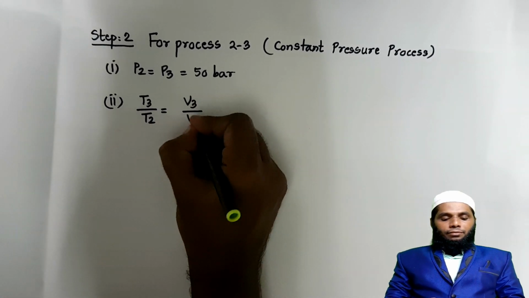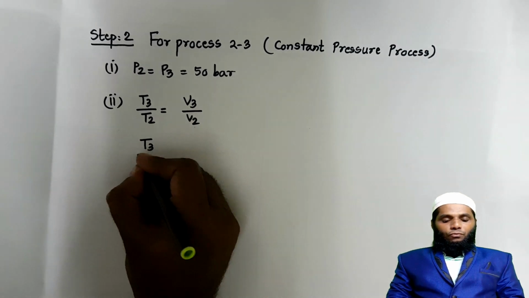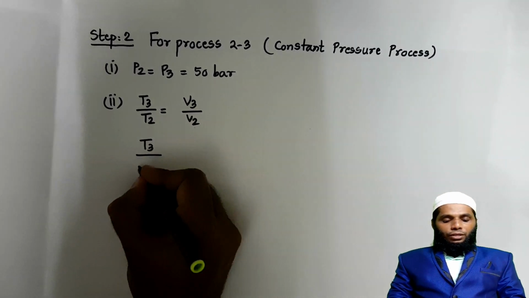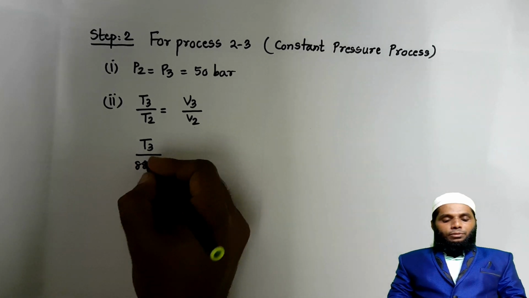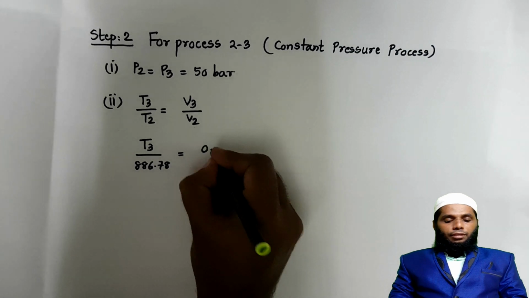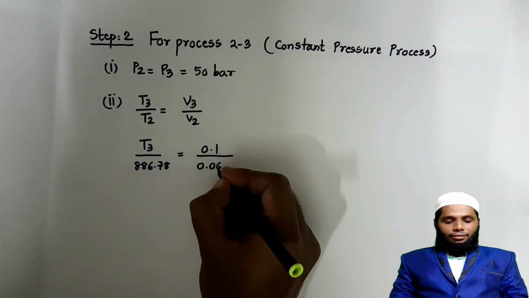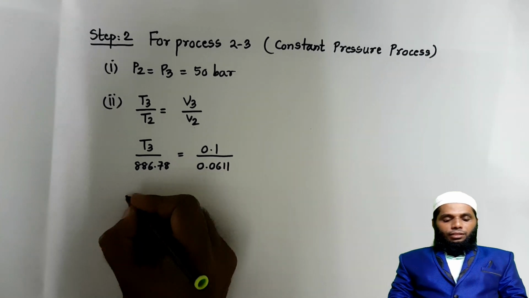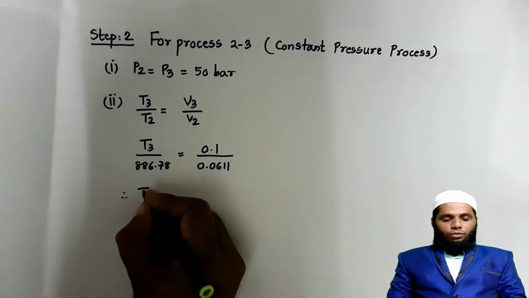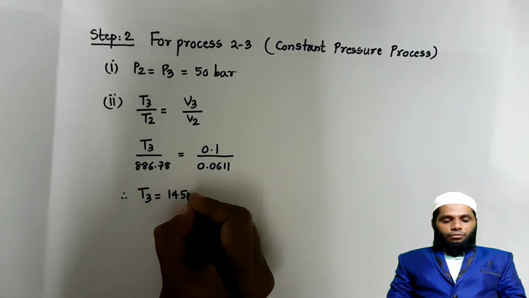So second, that is T3 upon T2 is equal to V3 divided by V2. So we'll substitute values. Temperature T2 we have 886.78, then V3 0.1, V2 0.0611.